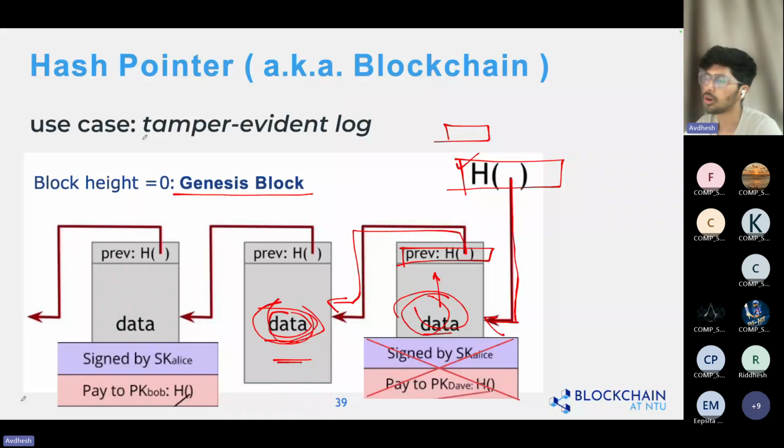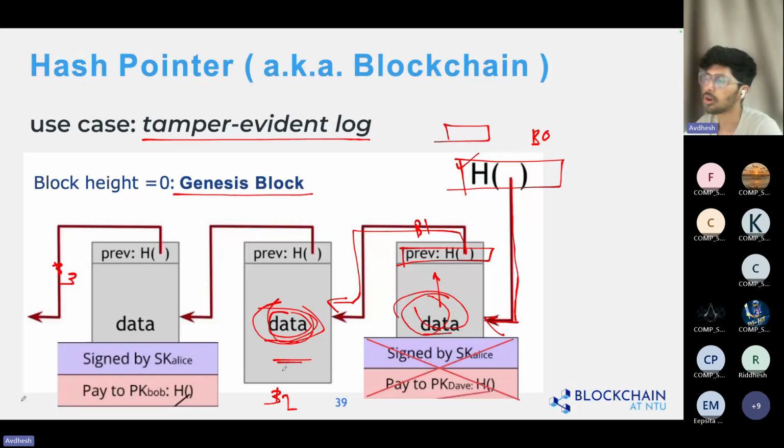And this use case is basically tamper evident, which means that you cannot directly change the data of, let's suppose, say this is block 2, this is block 1, this is block 0. This is block 3, sorry.